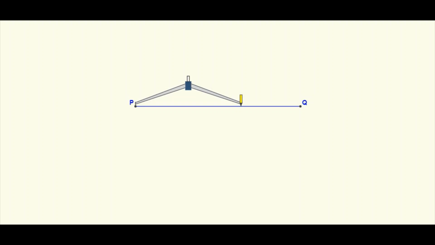Note there that my compass radius is more than half the length of the line segment PQ. So what you're going to do is to scribe an arc from point P on both sides of the line, and then you're going to do the same thing from point Q. So there I have both arcs on either side of the line.